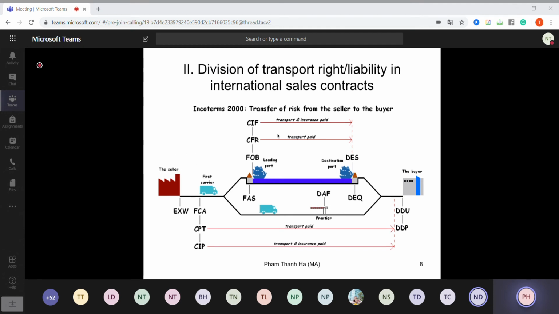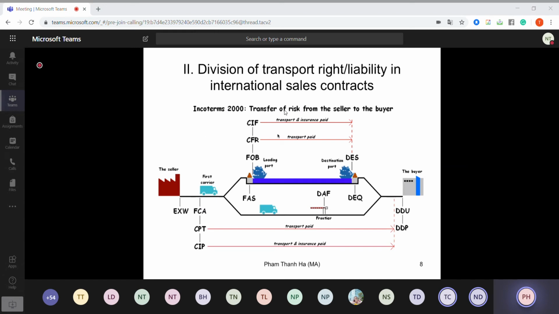And of course, from the C group, now let's clarify and distinguish between two points: the point to transfer the risks and the point to transfer the cost.